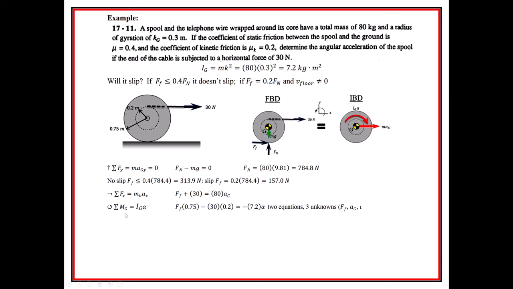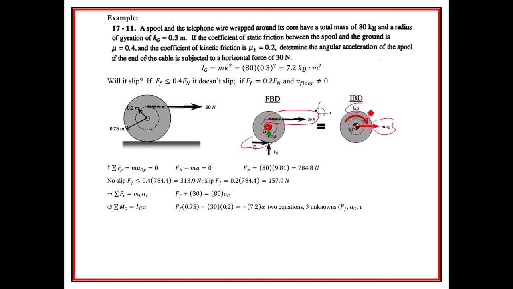We also can take the sum of the moments about the center of gravity, G, of this thing, and then the alpha. This force is going to play a role because we're taking it about this center. But we don't have to worry about the effective moments here, because this passes through it.